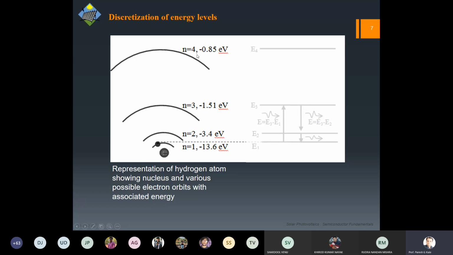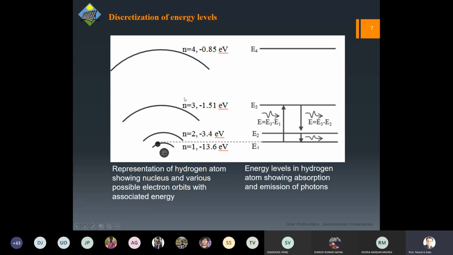It means that suppose at n equal to 4, if I have to remove the electron, I have to impart only 0.85 electron volt of energy. However, if it is at n equal to 1, I have to give 13.6. So this is increasing steeply because of the square term, and obviously the energy difference will go larger.